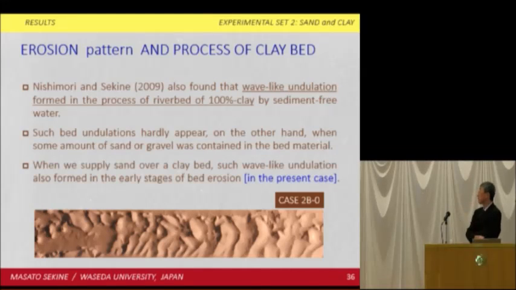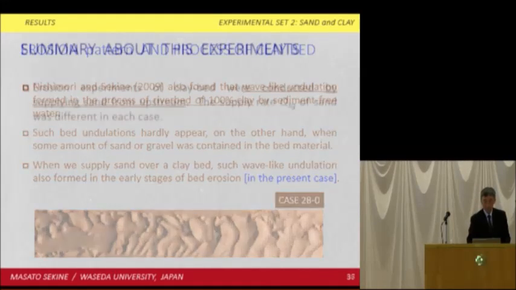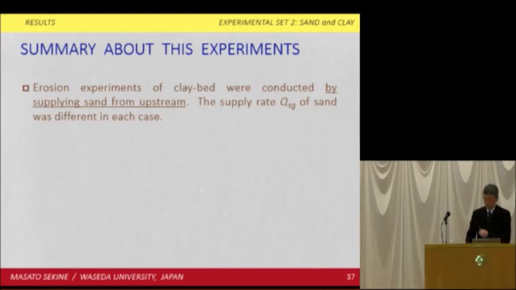So when we supply sand over a clay bed, such wave-like undulation also formed in the early stage of bed erosion. So erosion experiments of clay bed were conducted by supplying sand from upstream.